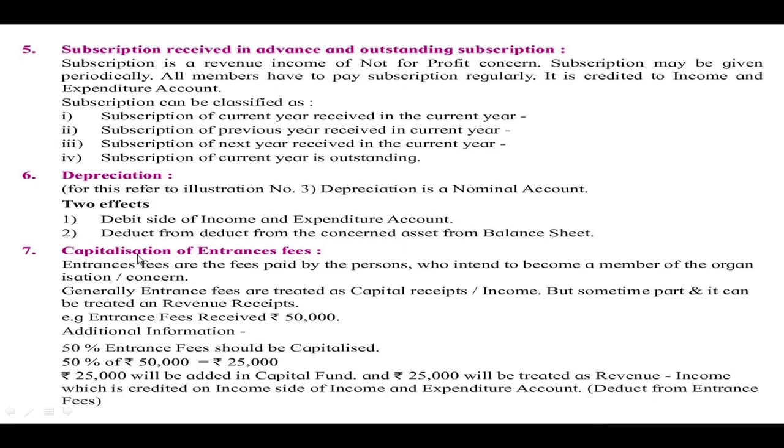Then capitalization of entrance fees. Entrance fees is paid by the members when they take entry in the club. So it is normally treated as a capital receipt because it is paid only once. But sometimes the adjustment will be given that 50% of entrance fees should be capitalized.